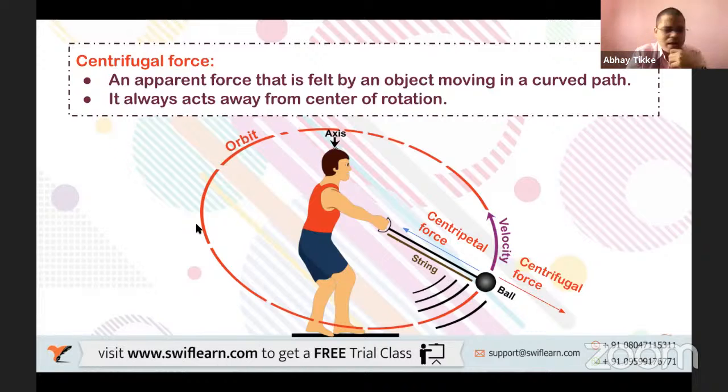We can say they create a magic, right? Magician's forces, we can say. Centripetal, which is acting always toward the center, and centrifugal, which is always acting away from the center, right? Clear है?